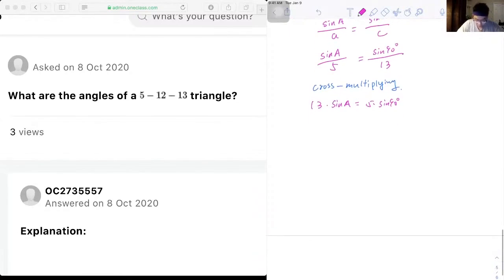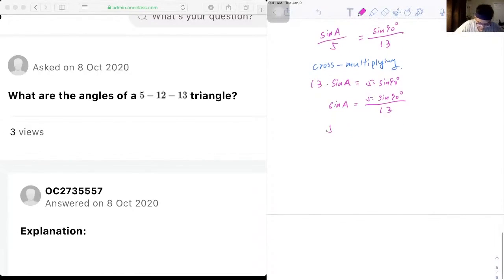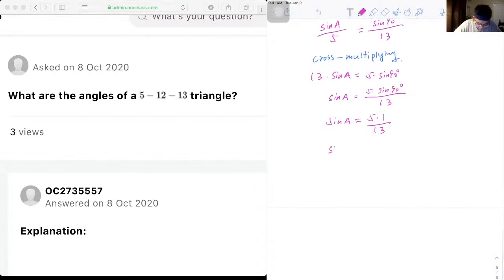Since we only want A on one side, we'll move 13 to our right hand side. So 5 times sine 90 over 13. And sine 90 is just equal to 1. Okay, so 5 times 1 over 13, and sine A is just equal to 5 over 13.